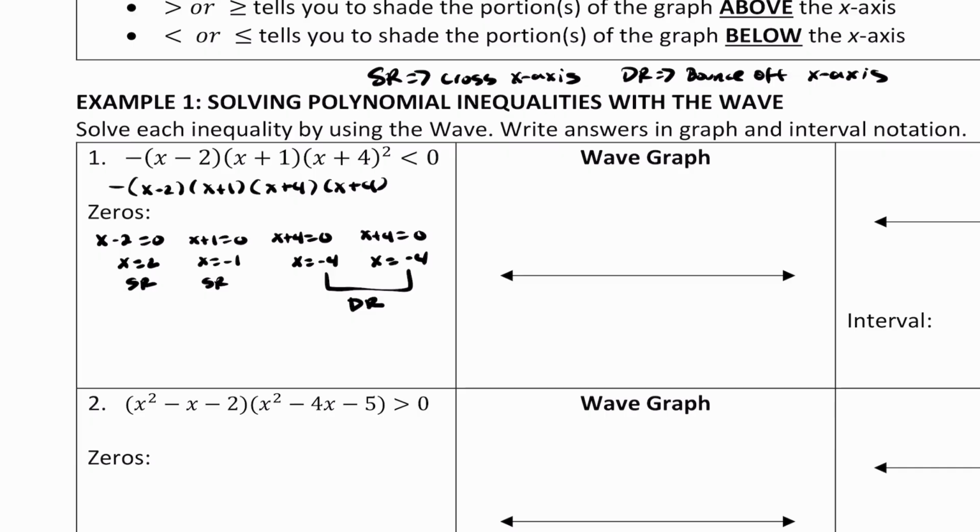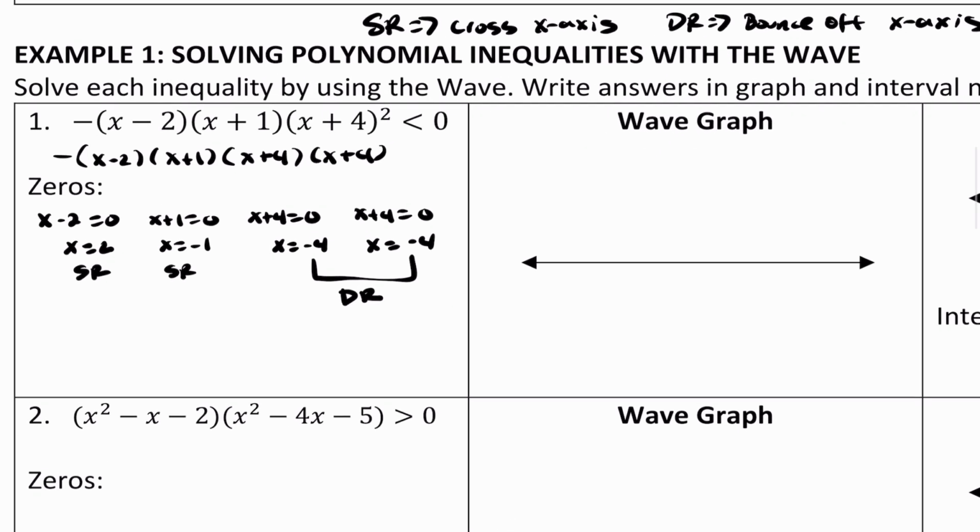So we have to be very careful with this one because we're dealing with an inequality. We have to use either an open dot or a closed dot. So here we have a less than sign. It's not a less than or equal to. So if it's a less than sign or a greater than sign, then if I were to plot my points on the x-axis, right? So I start with negative 4, negative 1, and positive 2.